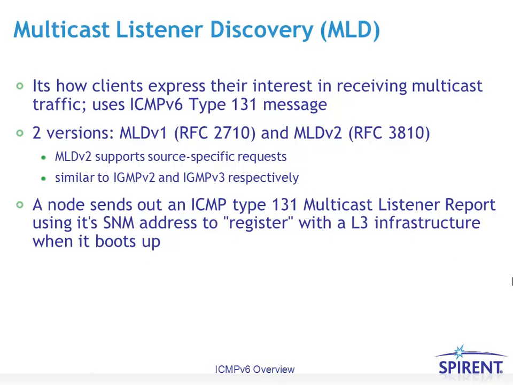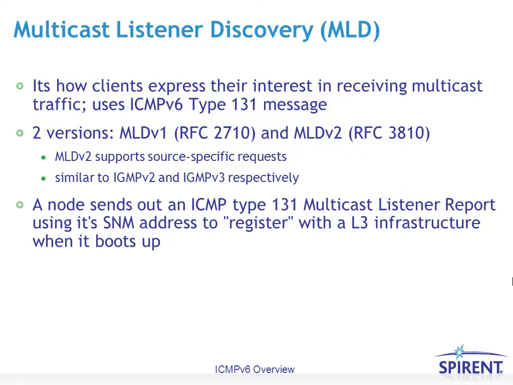Finally, ICMPv6 provides a framework for another common protocol, MLD, or Multicast Listener Discovery. Similar to IGMP for IPv4, Internet Group Management Protocol, it is a way for clients to express their interest in receiving multicast traffic, and it uses ICMPv6 message type 131.